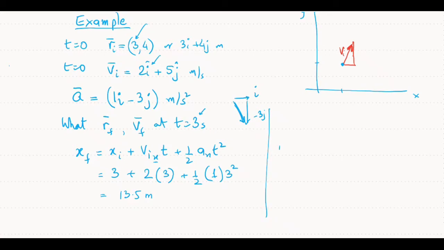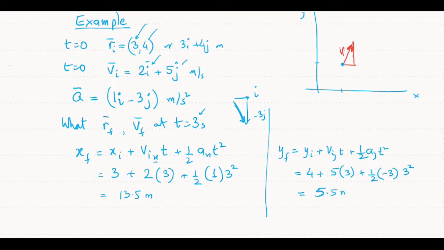Now let's find y final. It's going to be y initial plus v initial y t plus half a y t square. So y initial is 4, which is this one, and v initial is 5 times 3, plus half, the acceleration is minus 3 meters per second square, and the time is 3 square. And we solve this, and we get 5.5 meters.